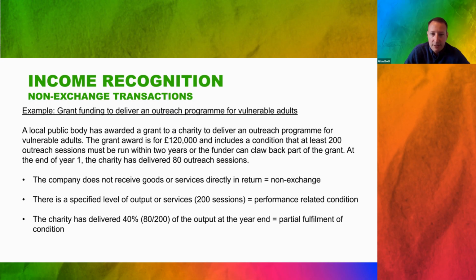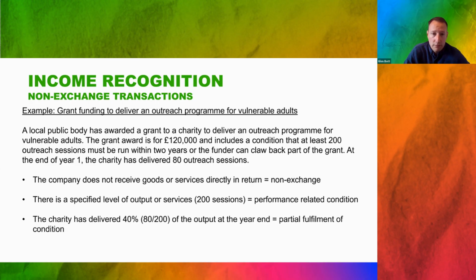But in terms of the considerations, the company doesn't receive goods or services directly in return, so the local public body is not receiving any benefit directly to them from this grant. So it is therefore a non-exchange transaction. There is a specified level of output or services. In this case, it's 200 outreach sessions. So there is a performance-related condition attached to the grant.